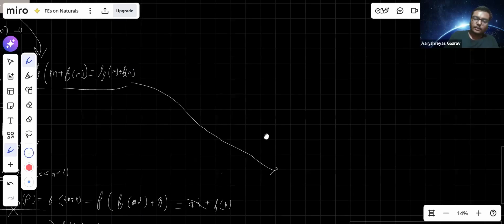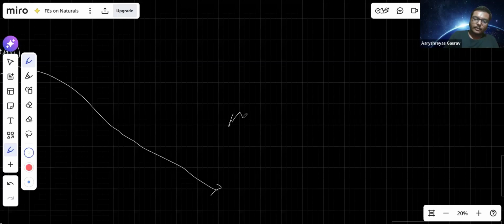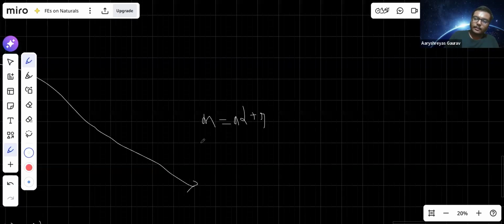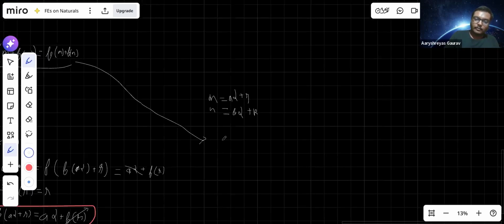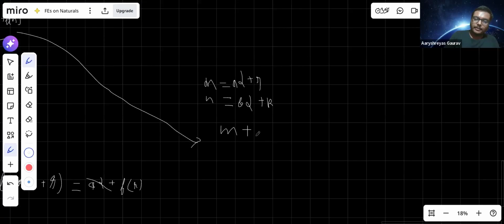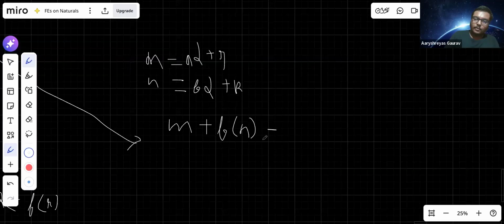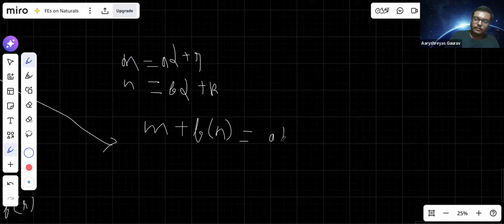Let's say m is equal to a alpha plus small r, and n is equal to b alpha plus capital R. Then m plus f of n would look like a alpha plus small r.